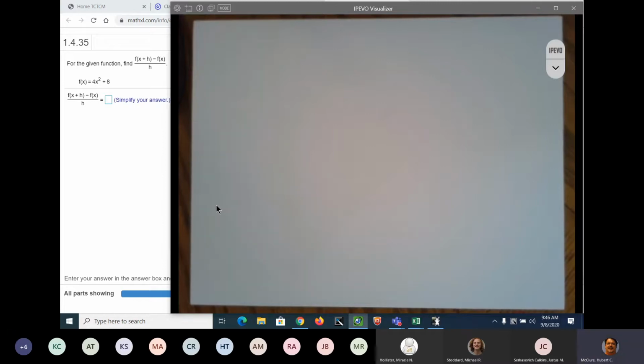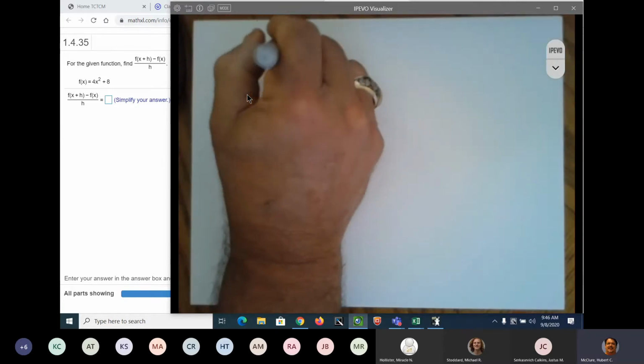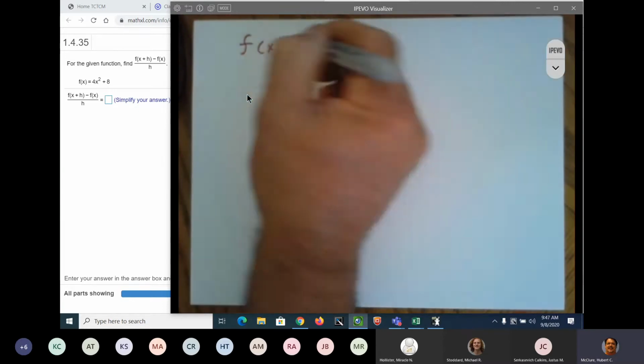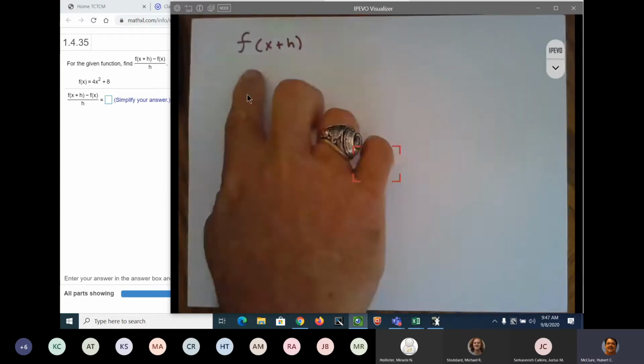I'm going to rewrite the question. I'm thinking out loud. I'm going to write f of x plus h. I'm going to write that in magenta. I know you can't tell it really, but that's a kind of a reddish magenta color.